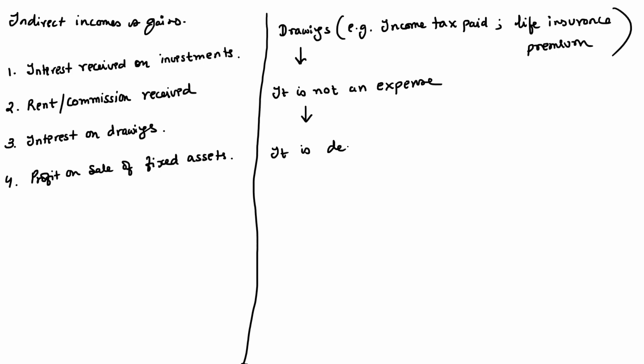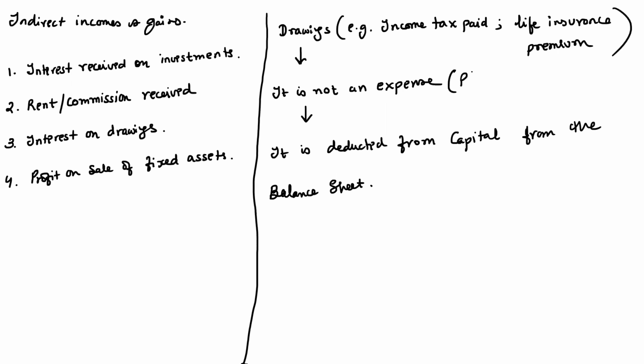It is deducted from capital in the balance sheet. It is not shown in P&L. Okay? It is not an expense. Hence, in P&L account, this will not be shown. It is deducted from capital in the balance sheet. Written guys? Let's move ahead.